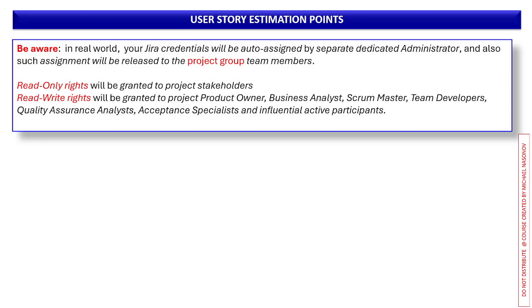You will be assigned two types of rights: read-only rights, granted to non-active project stakeholders, and read-write rights, meaning you can create items or issues, granted to the product owner, business analyst, Scrum Master, all team developers, quality assurance analyst, user acceptance specialist, and any active, influential project stakeholder.